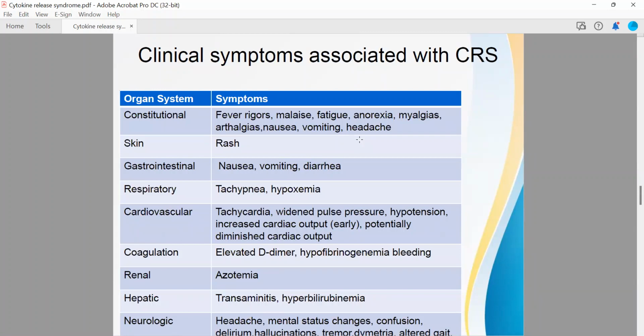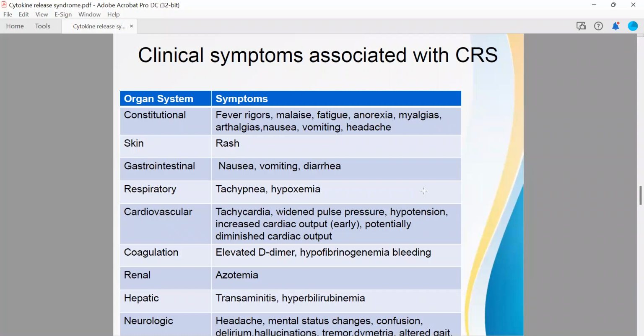Constitutionally, we can recognize fever, tiredness, loss of appetite, that is anorexia, muscle ache, arthralgia, nausea, vomiting, and headache. In skin, we can see rashes by looking at the patient. GI: nausea, vomiting, and diarrhea. Respiratory: as we saw before, fast breathing, tachypnea, and low oxygen, that is hypoxemia. Cardiovascular: tachycardia, widened pulse pressure, hypotension, increased cardiac output, and potentially diminished cardiac output.